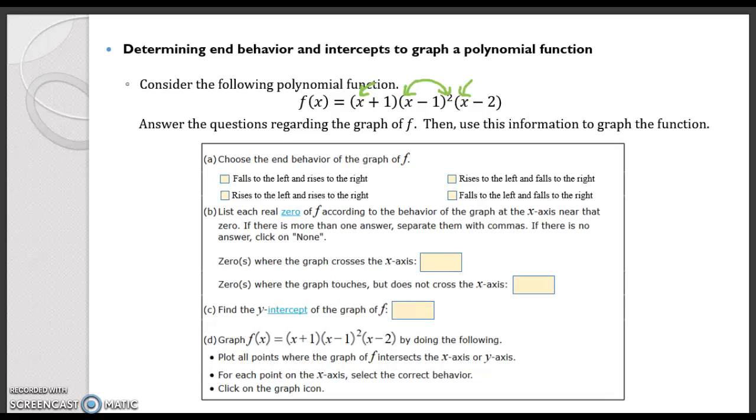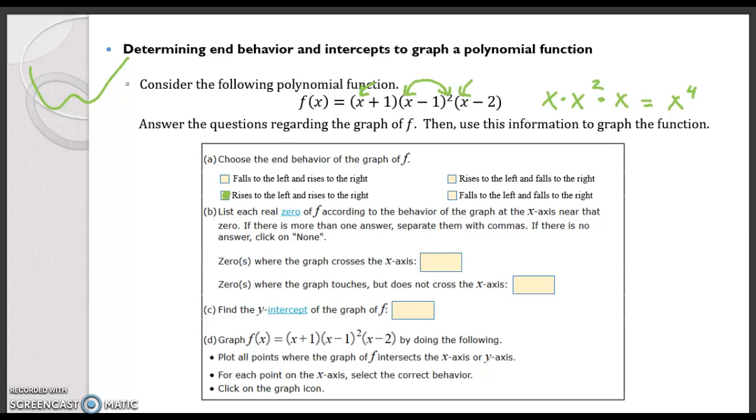So I have x as the highest degree of x plus 1, x minus 1, but then that term's going to be squared, so I'm going to end up getting x squared as my highest degree for that portion, and then I have an x. So this is going to end up being x to the 4th, and they're all positive, so it's even and positive, so it's going to end up looking something like this. So it's going to rise to the left and rise to the right.